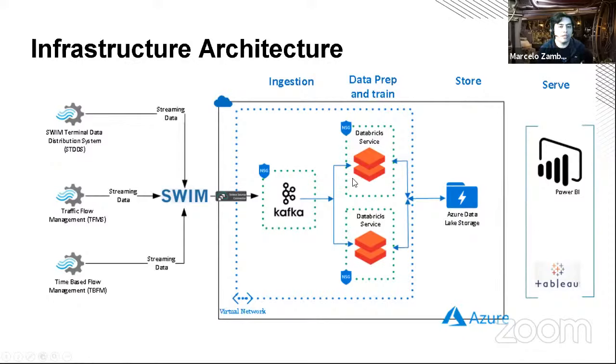But here in the middle, we also have Databricks. This is to clean, prep, and parse all these messages that are coming from Kafka. Here is where data scientists are going to be doing most of their work, if not all of it. They're going to write their notebooks in Python, Scala, R, you name it. They can write all the logic that they need in order to properly parse and analyze this data, or even train some models based on it.